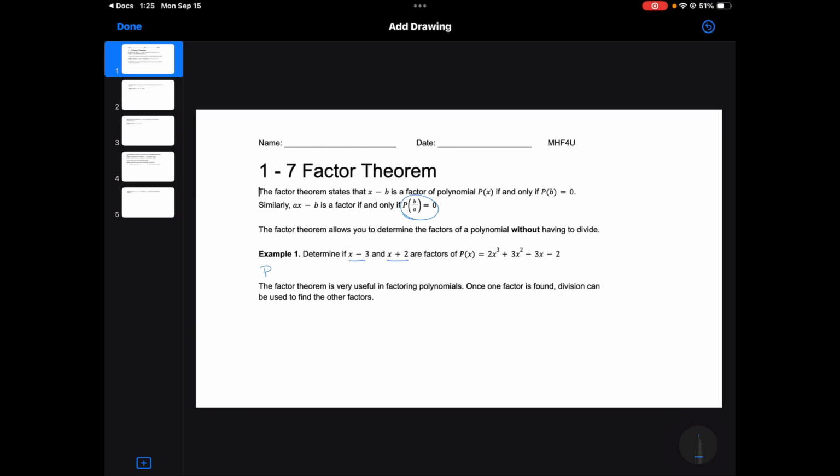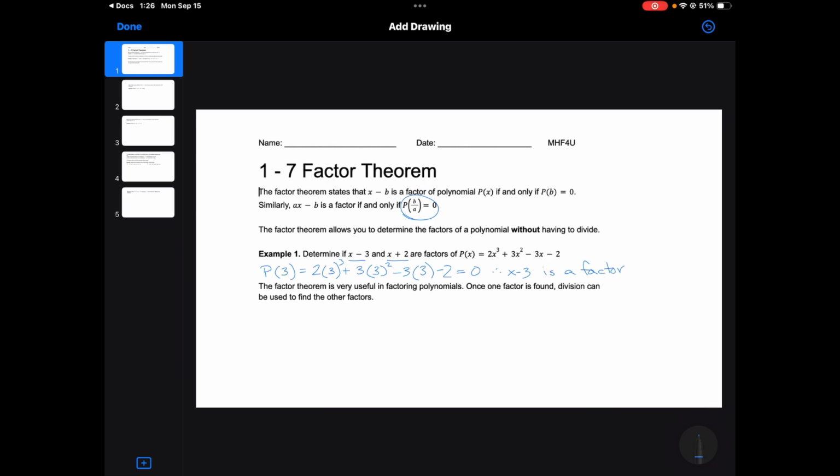In order to do that, I'm going to substitute in my 3. I've got 2 times 3 cubed plus 3 times 3 squared minus 3 times 3 minus 2. And then I'm checking to see if this is going to equal 0. In this case, this one does equal 0, which means that x minus 3 is a factor.